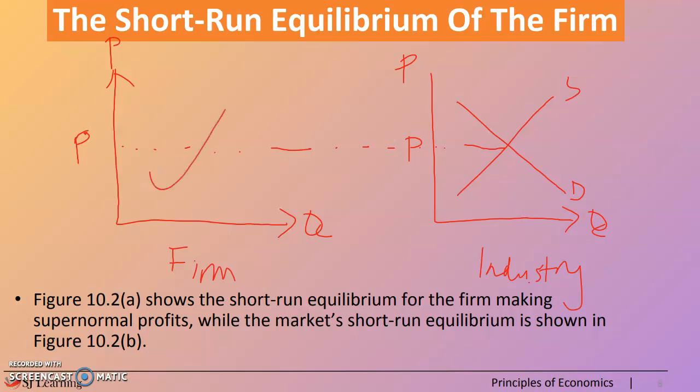Remember, this is our marginal cost and this is our average cost. This is also the price, and remember the MR equals MC rule. MR equals MC, so P equals AR equals MR equals demand.